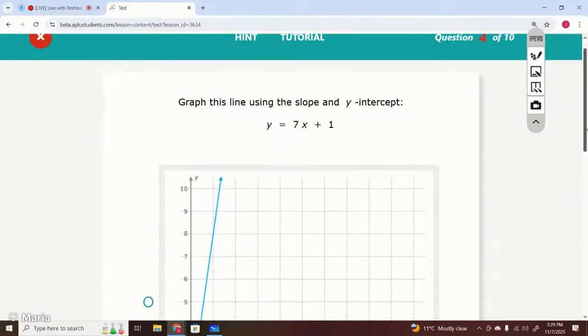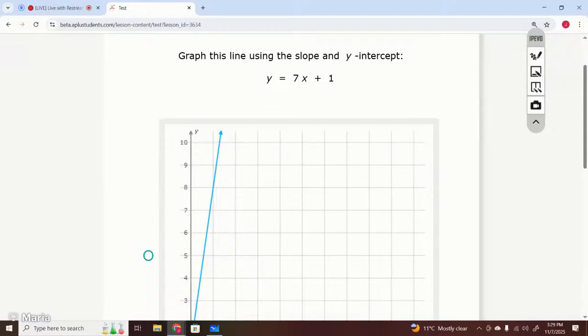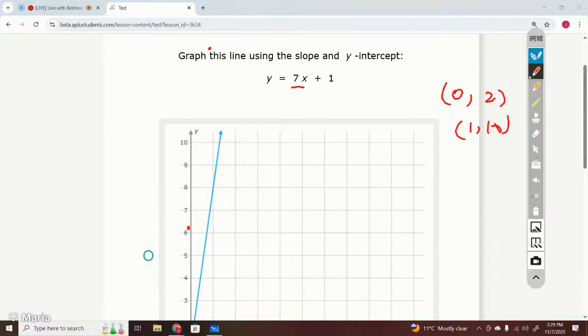Graph the line using the slope and y-intercept. So when x is 0, y is 1.